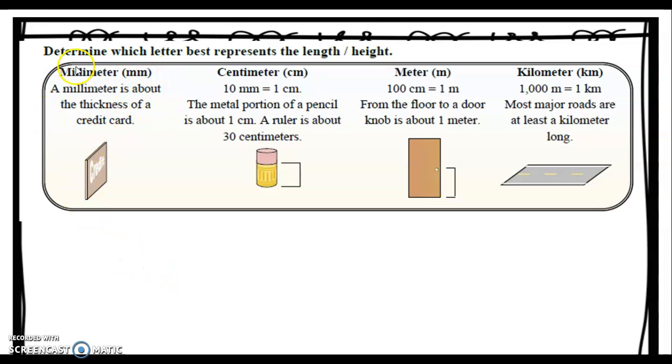In review, again, a millimeter is about the thickness of a credit card, really thin. A centimeter, it says 10 millimeters equals 1 centimeter. The metal portion of a pencil is about 1 centimeter. A ruler is about 30 centimeters. So a ruler, you can think of the foot ruler, it would be about 30 centimeters.